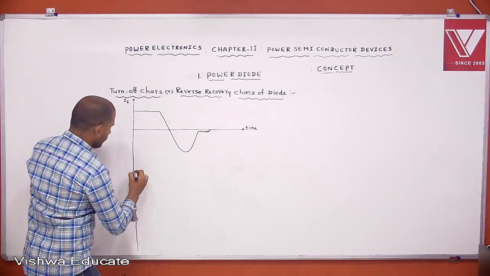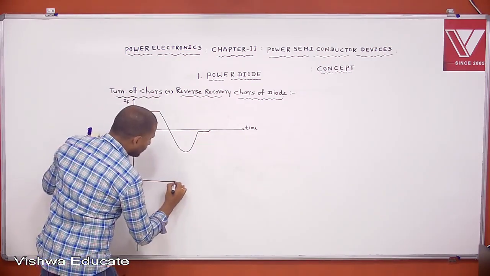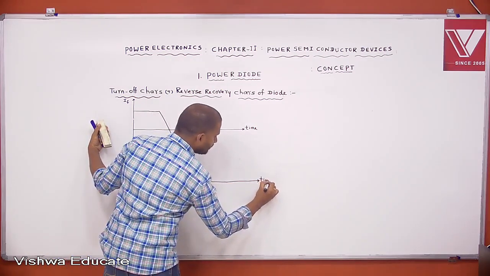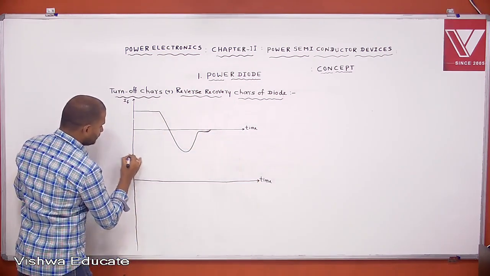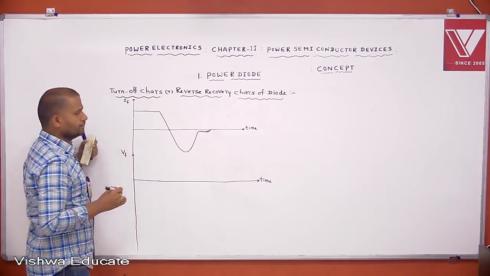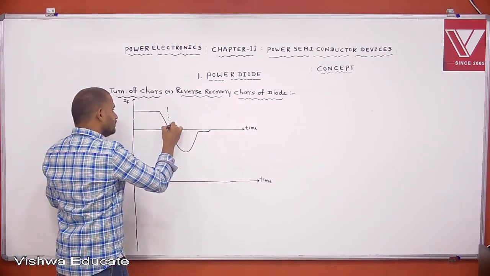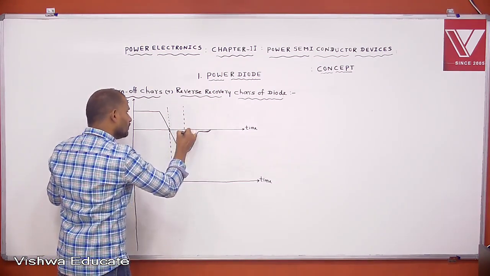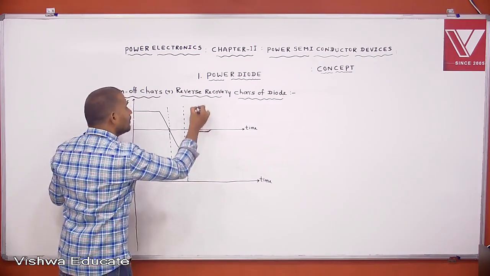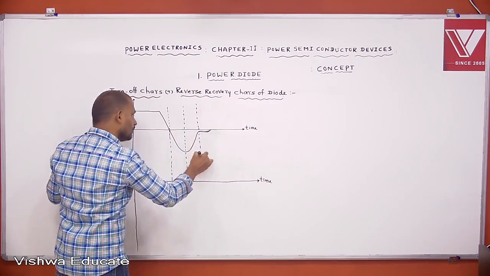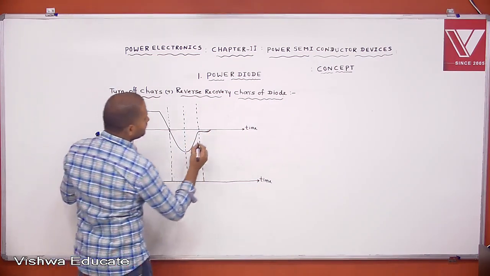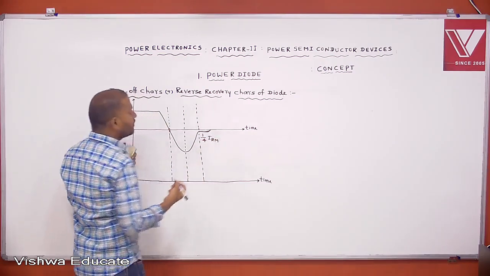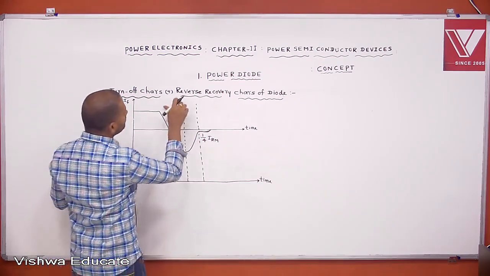This is the forward voltage across the diode. This is 1/4 I_R, 25% of the maximum value of the reverse recovery current.